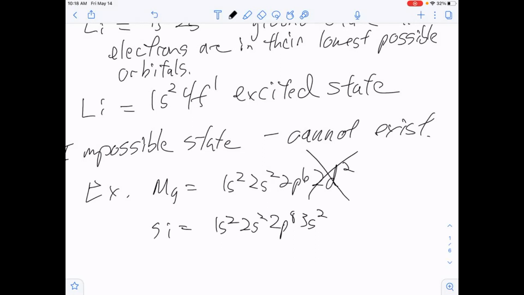How about this one? Silicon, 1s2, 2s2, 2p8, 3s2. What's impossible about this one? You can't have a 2p8, right? The maximum is 6.